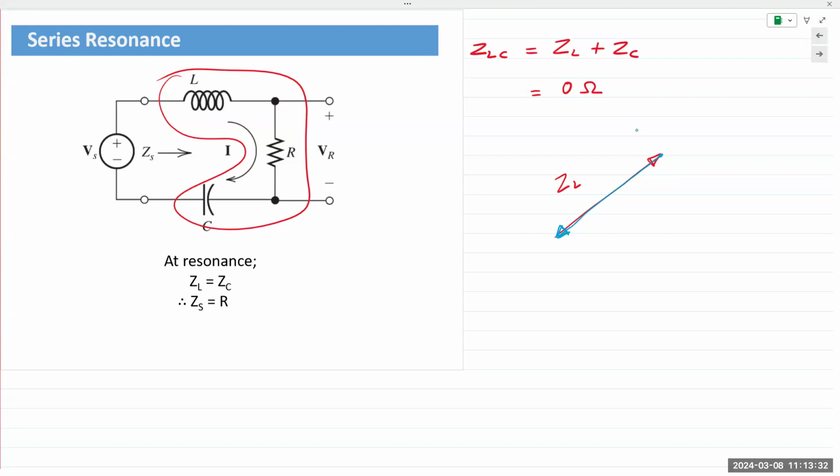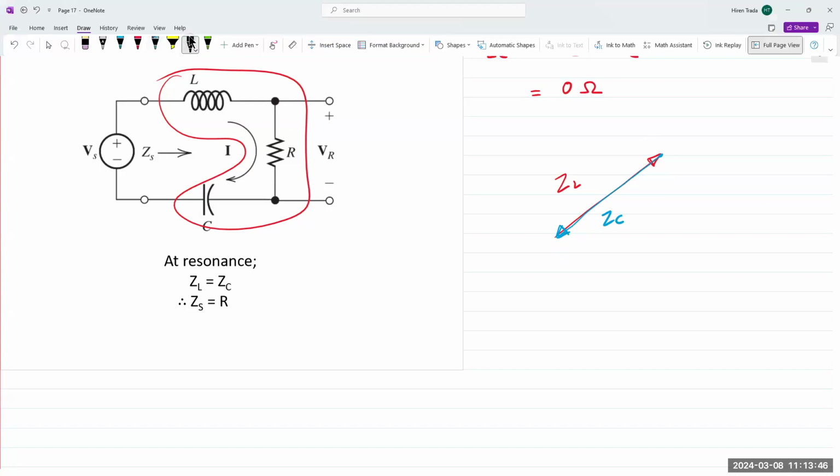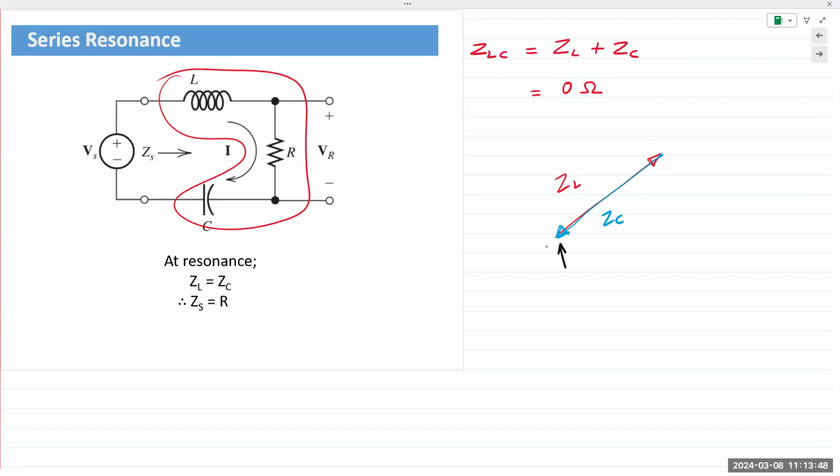Meaning if you add those two together, that phasor would go to a certain place and then return back to that certain point. And this is ZC, the result being 0. That is just a graphical representation. We can, of course, do it analytically by just adding up the equations also.